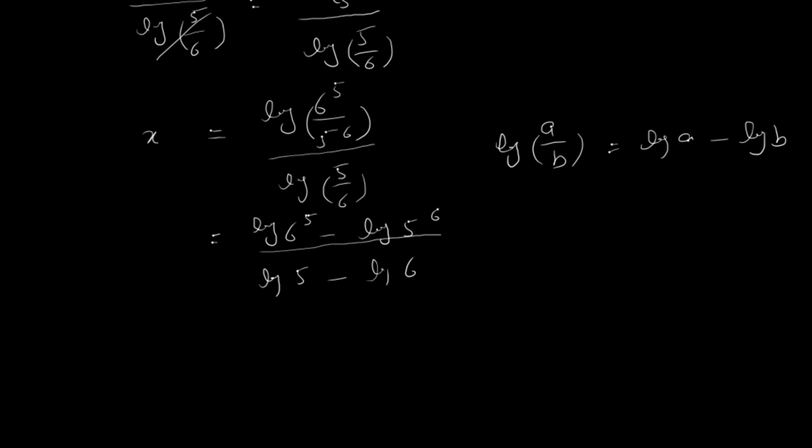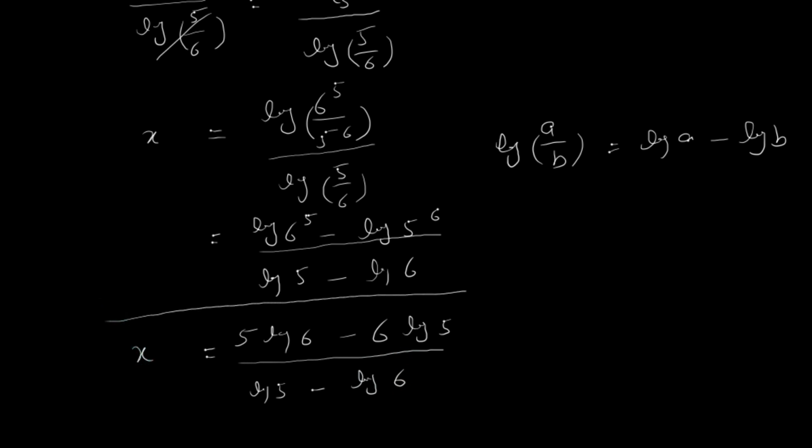Again we can apply the log property which we have previously used: 5 times log of 6 minus 6 times log of 5, divided by log of 5 minus log of 6. This is the simplified solution of our given problem.